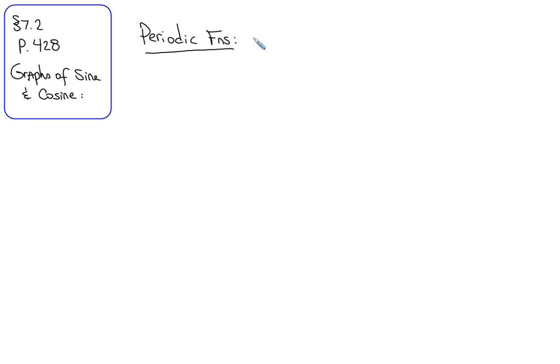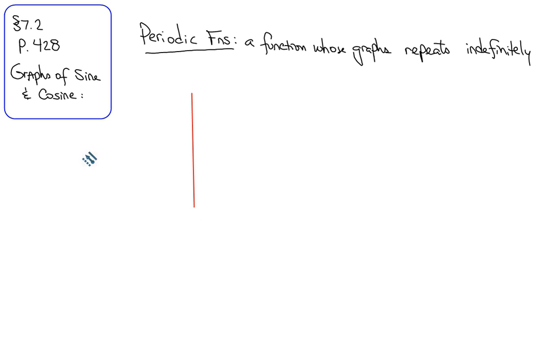A periodic function is a function whose graph repeats indefinitely, and that's in both the positive direction and the negative direction. So for example, just to sketch a generic one, we might have something that looks like this.